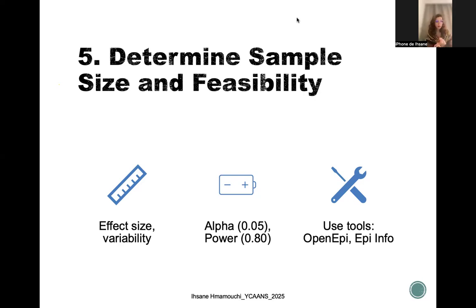For example, you expect a reduction from 10% to 5% after an intervention. The variability of the outcome comes from the literature. The alpha is usually about 0.05, and the power of the study is from 0.8 to 0.9. And with all these parameters, and with the help of the biostatistician, you will define your sample size.